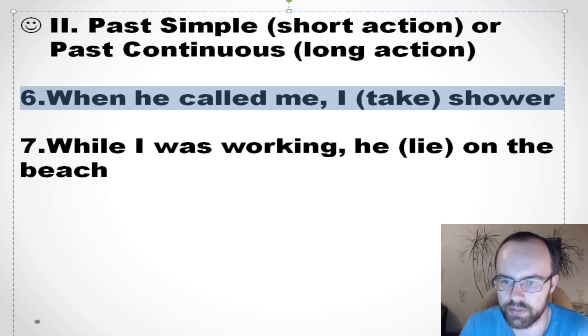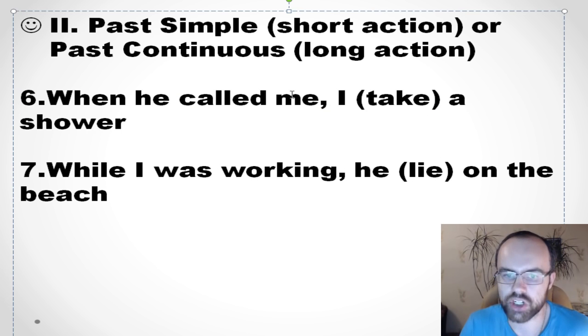When he called me, I take a shower. So try to imagine this situation and understand. What action is long and what action is short?